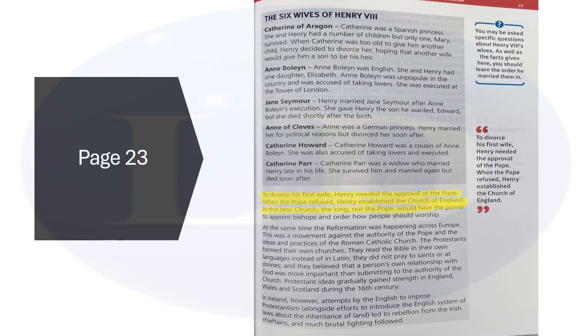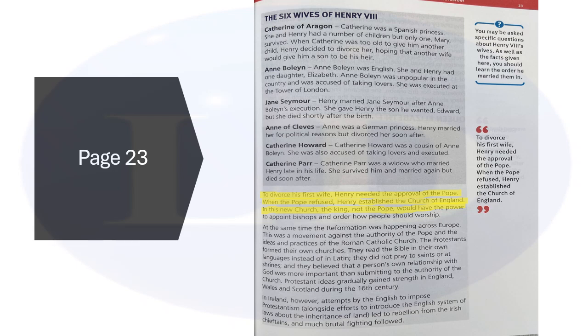So he was controlling the priests, he was controlling the archbishops and everybody. So that's why he wanted a separate church so that he could marry. Otherwise, the Catholic Church would not allow him to marry. Right. So at the same time, the Reformation was happening across Europe.